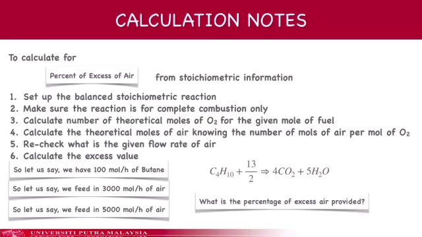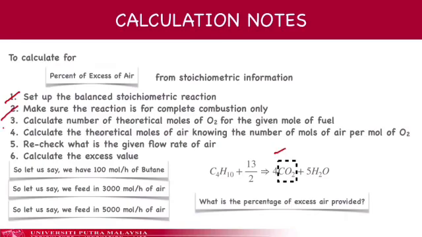So we know that we have to base on the balanced stoichiometric reaction first. So we have our balanced stoichiometric reaction here, where we have CO2 produced in the system. So it is a balanced reaction, and it is a complete combustion because you have CO2 that is produced in the system.